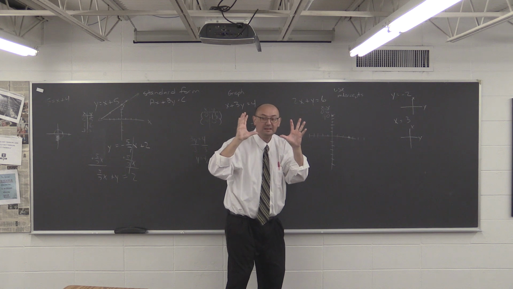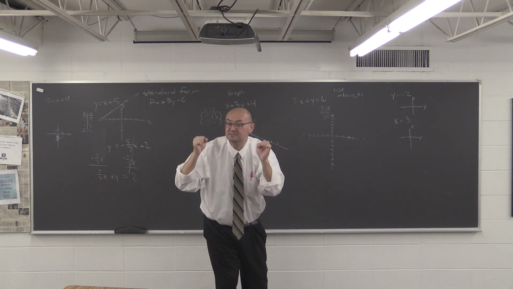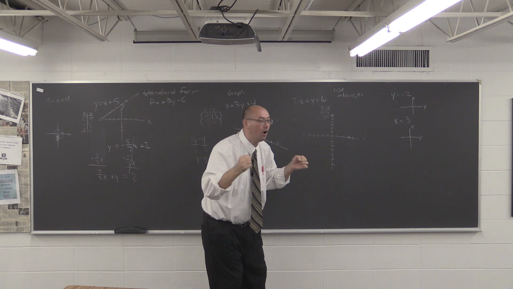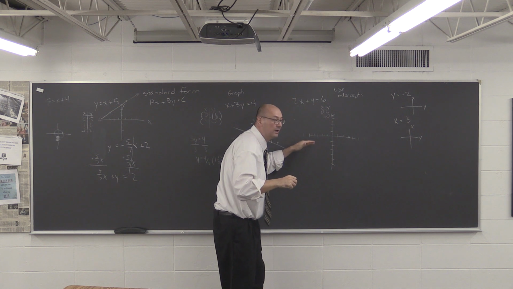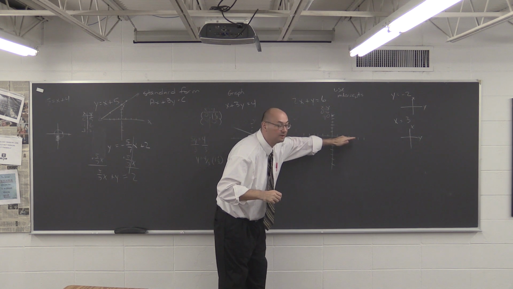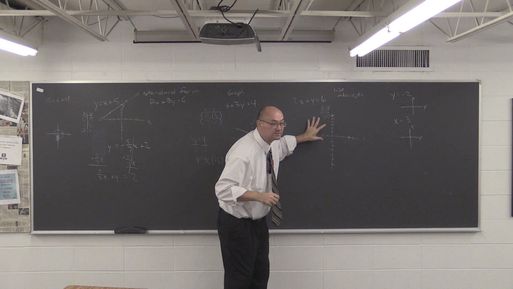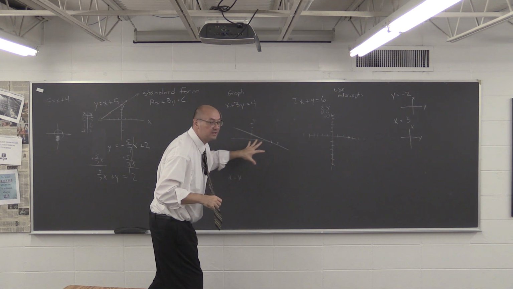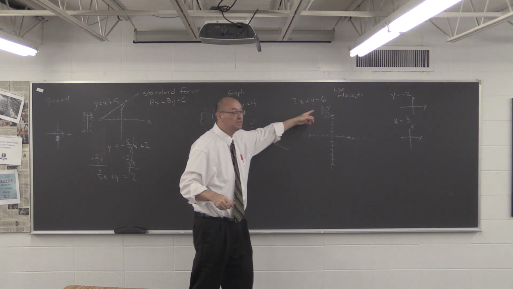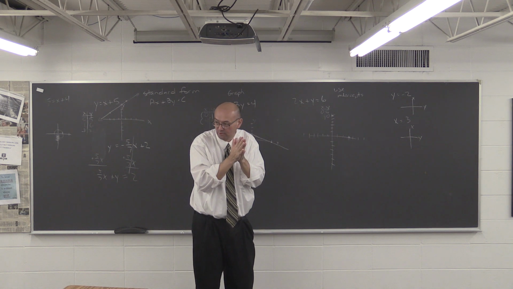Okay? The secret is these dots always lie on the axis. They're never over in these areas. Okay? They're always on the axis. That's why you have a 0. That's what makes it beautiful.